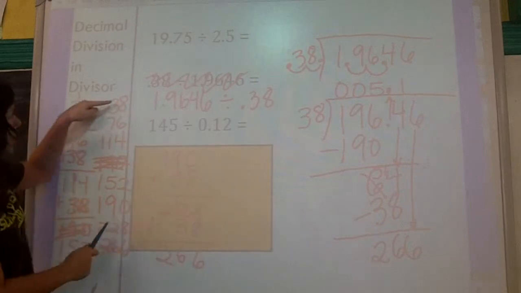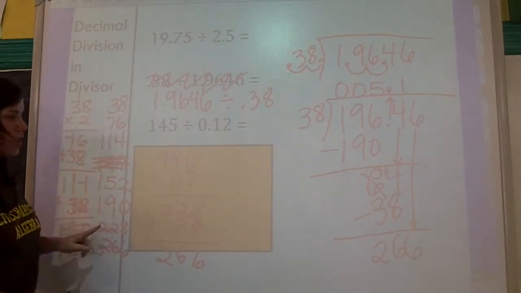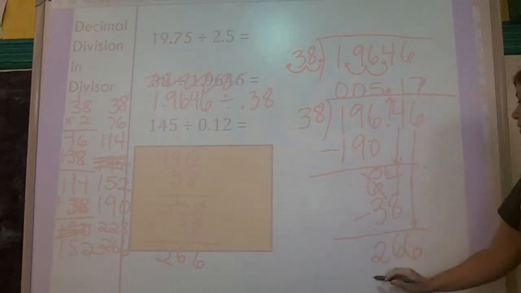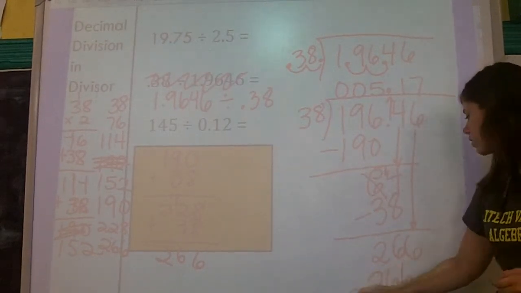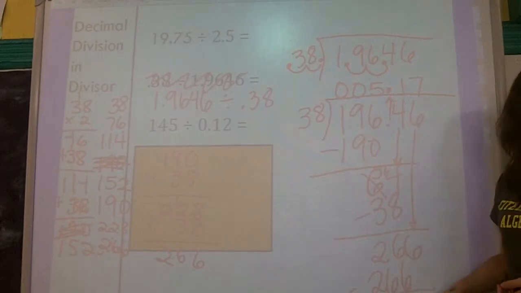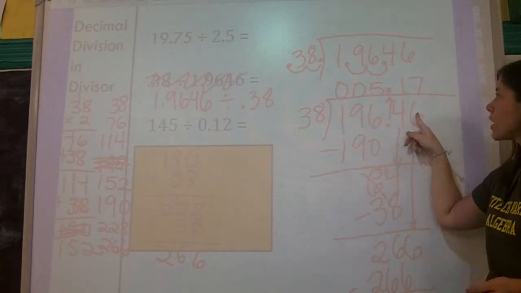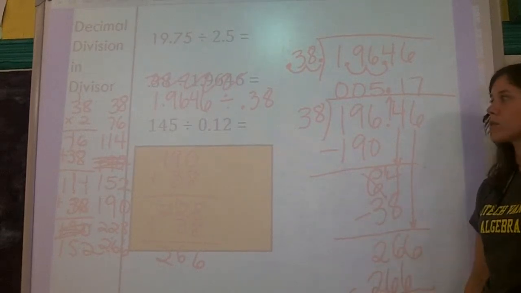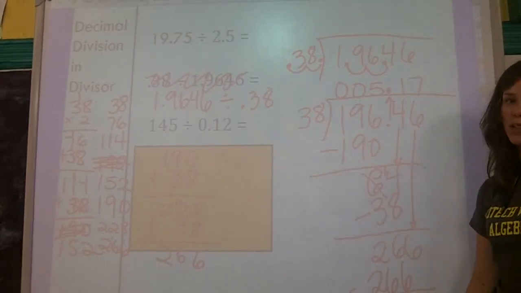I can count by 38. 1, 2, 3, 4, 5, 6, 7 times and get perfectly to 266 because 38 times 7 is 266. I've got a 0 here. Every number in my dividend has a placeholder above it in the quotient. I'm done. That took a while, so that's only 2 examples today, but now I want you to practice on your own.